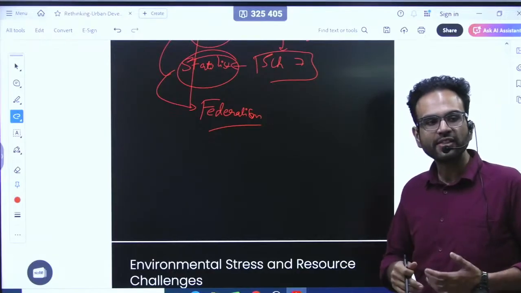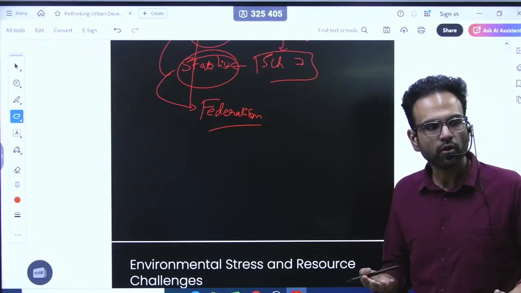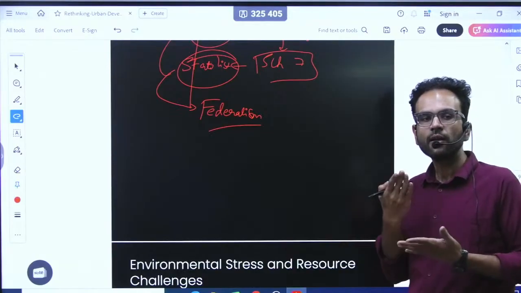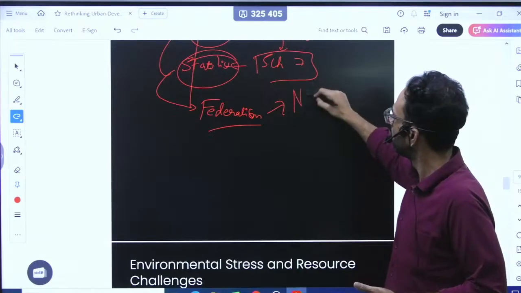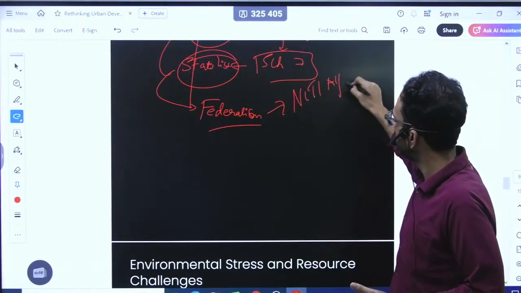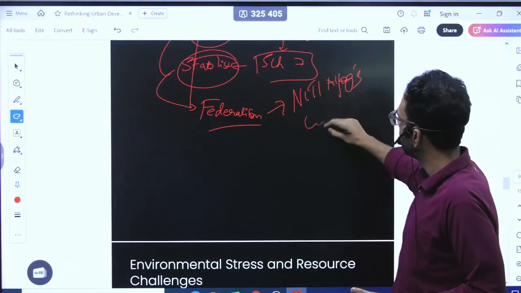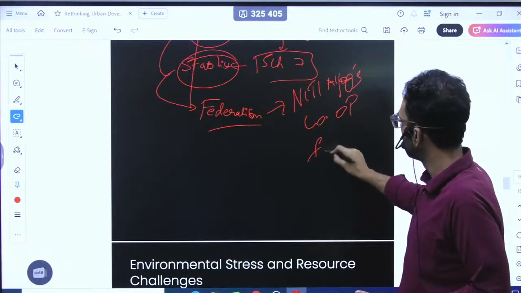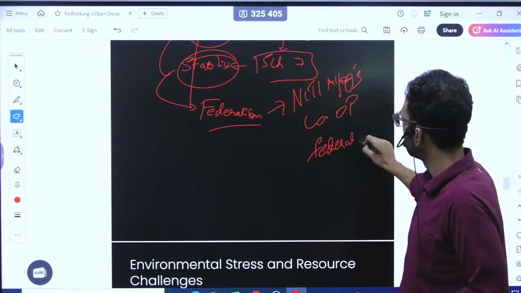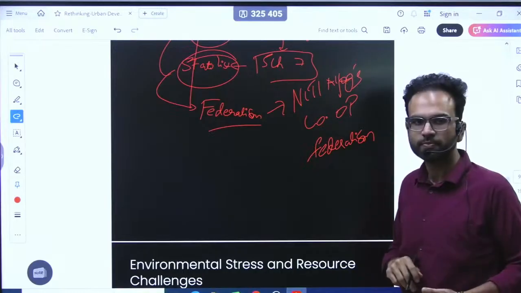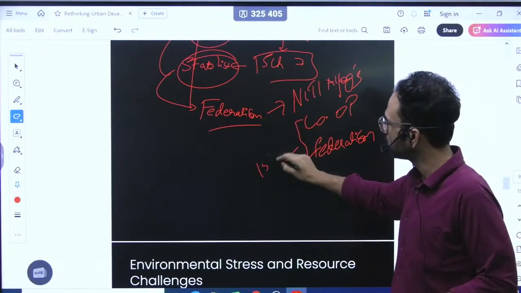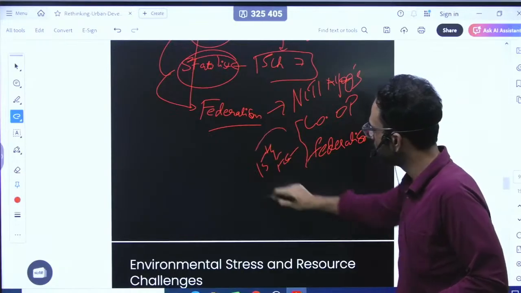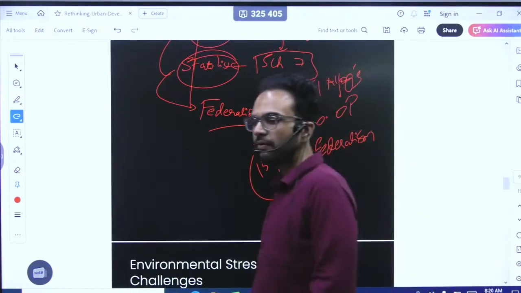Now, if a state has to evolve and grow, what can be the best bet? Cooperative federalism. So, what is the 15th Finance Commission saying about urban grants?